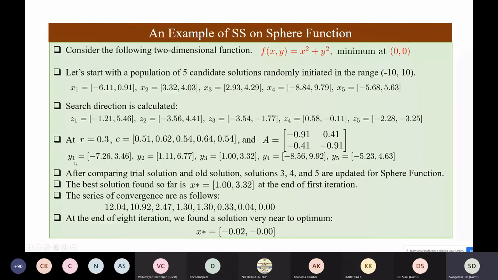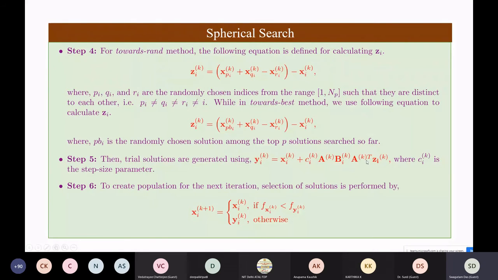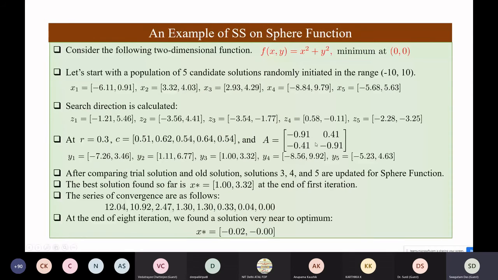So we get these y values after using this spherical search equation. And we see that after comparing the trial solution and the old solution, solutions 3, 4, and 5 are updated for the sphere function. So at the end of the first iteration, the best solution found was 1 and 3.32.